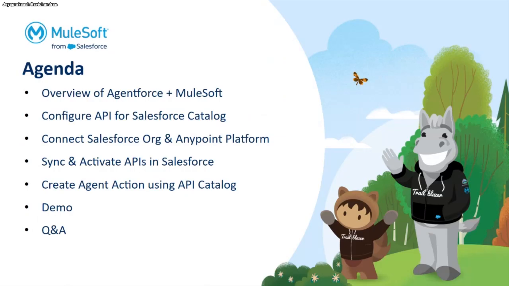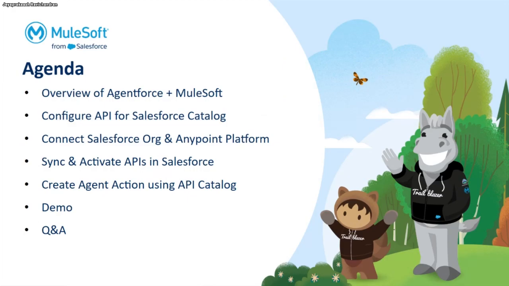Coming to the topic today, we have gone through recent ones on the API catalog and ACB. With that, we received a few queries in the previous meetups where we did that API catalog part from ACB, like how to connect the existing APIs with the Salesforce agents and use them in the agent actions.